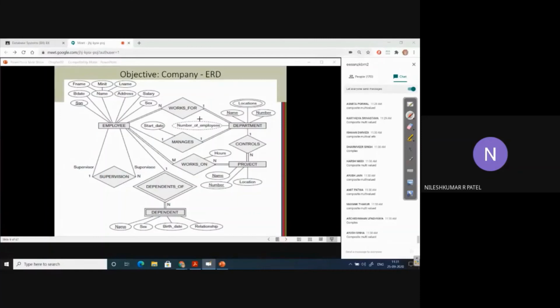I will give you one requirement analysis, and based on that, you have to identify entity types, attributes, key attributes, and some attributes which are composite, multi-valued, or derived. Then you have to draw entity types one by one, connect them together, and ultimately come up with an ER diagram. I'll give you one use case, and then you have to do it. That will be our first exercise.